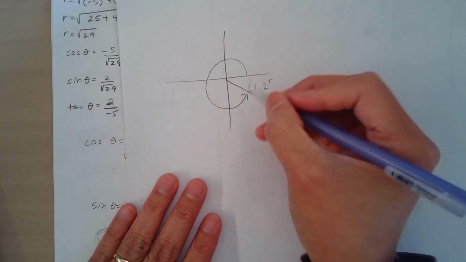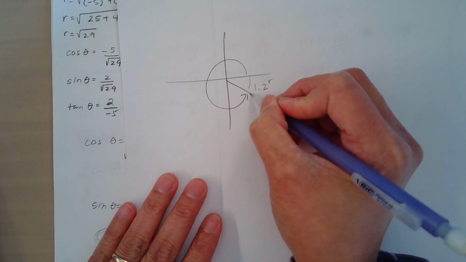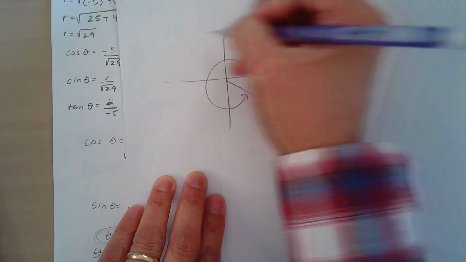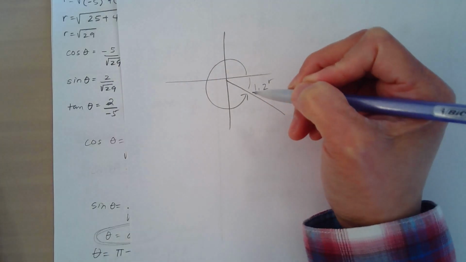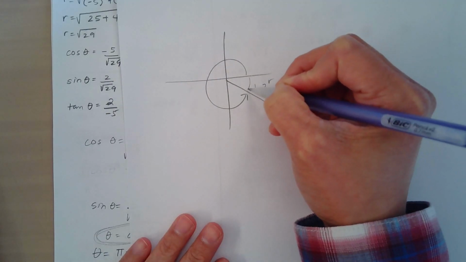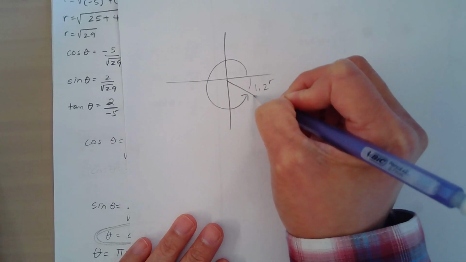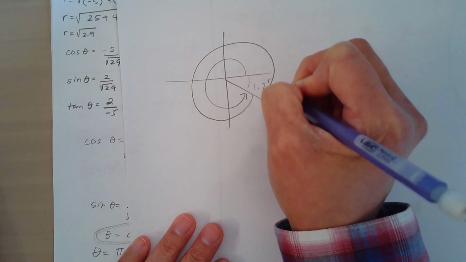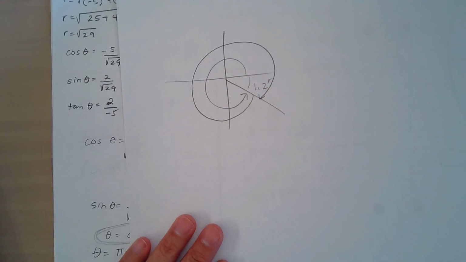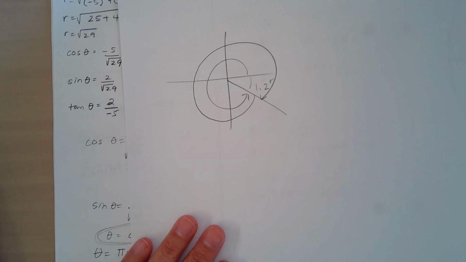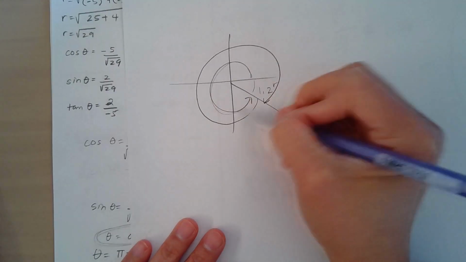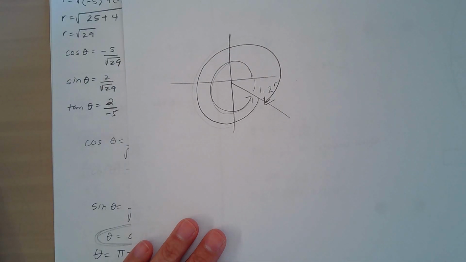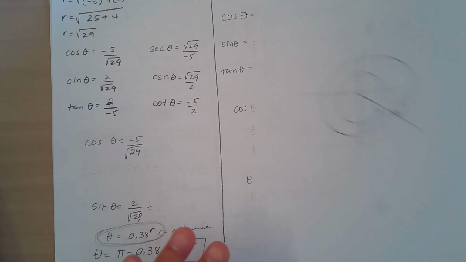Yes, 1.2 radians. So we're over here already. And then now, instead of turning counterclockwise, because we're going to go to the negative angle, we're going to turn clockwise. So we're over here, and then we're going to turn around. If we go clockwise, that's turning negative angle.